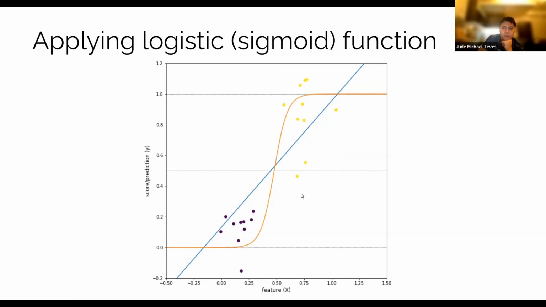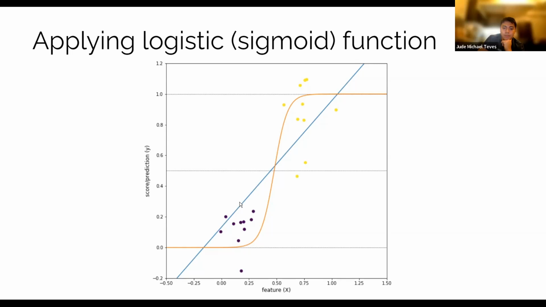Okay, I guess no one understood that. For example, your input is 0.25. Based on our line, the output of linear regression, if you have 0.25 as your x, then your y should be more or less 0.3. But we want to turn this into a classification problem.